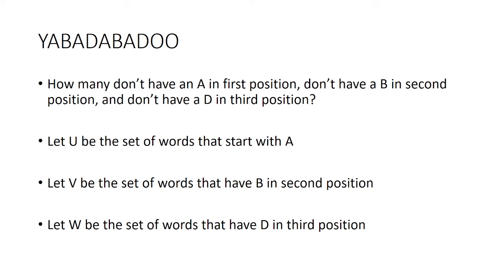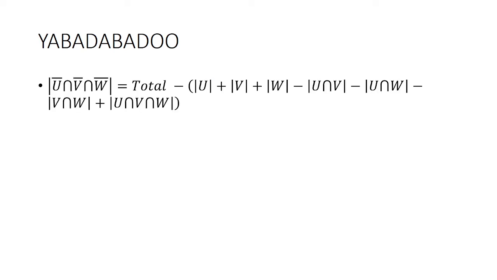Keep in mind, we're looking for how many don't have A, B, and D in the respective positions. But we're defining U, V, and W to be the set of words that have A, B, and D in those positions. So those are going to be the opposites. To write this in set notation, what we're interested in is the intersection of the complements of U, V, and W.